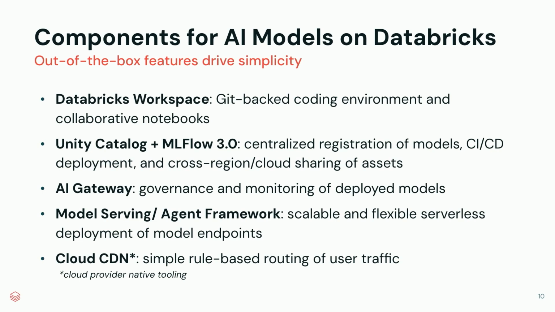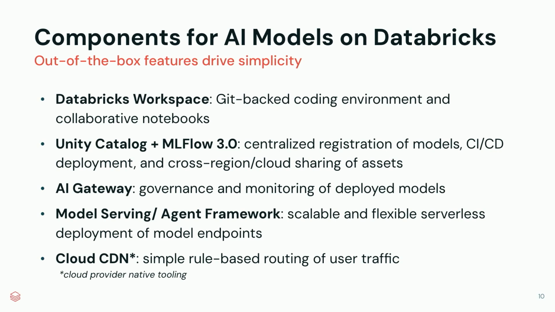First, Databricks workspaces and code have Git repos built into the Databricks interface in workbooks, in collaborative notebooks, so that you can solve at the source layer for your code being available across environments. Then at the model layer, we have the combination of Unity Catalog and MLflow 3.